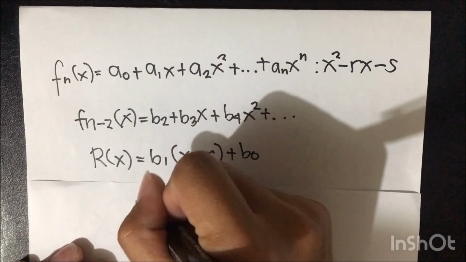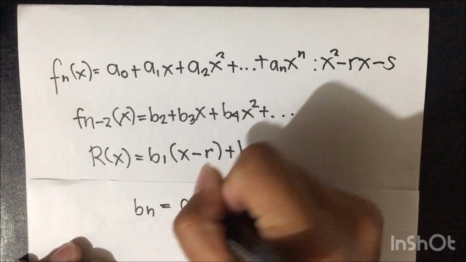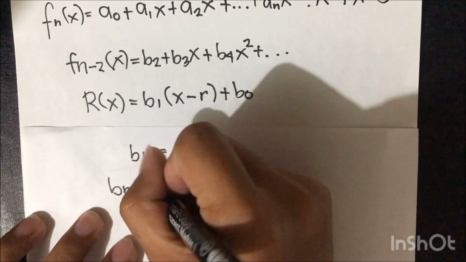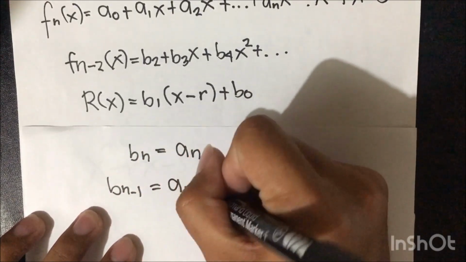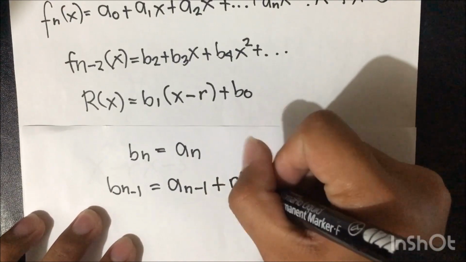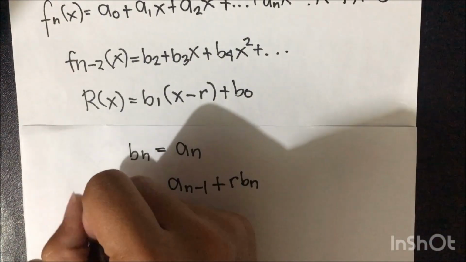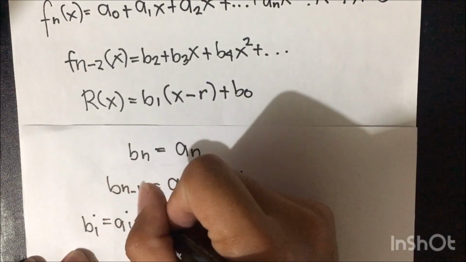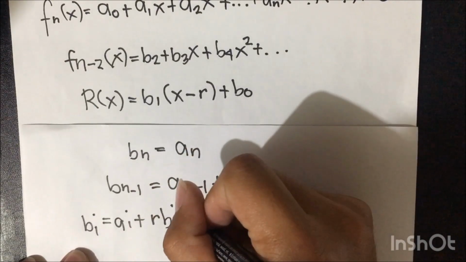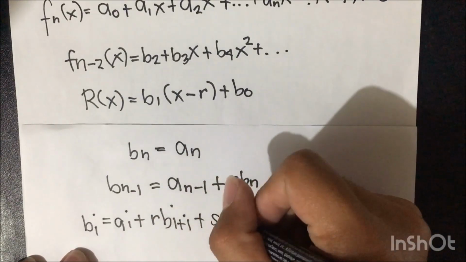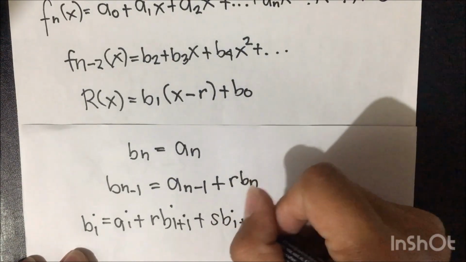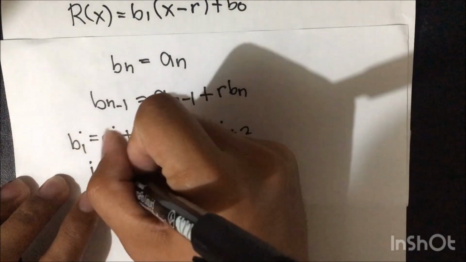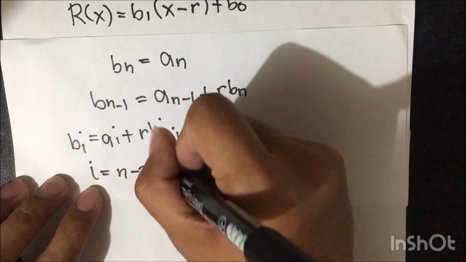Ito nga yung b sub n is equal to a sub n. b sub n minus 1 is equal to a sub n minus 1 plus r b sub n. b sub i is equal to a sub i plus r b sub i plus 1 plus s b sub i plus 2, where yung i natin is equal sa n minus 2 to 0.